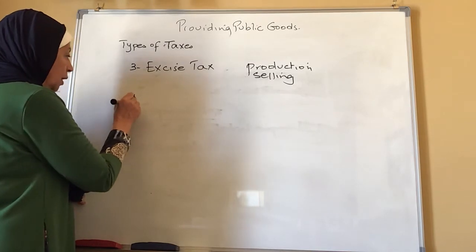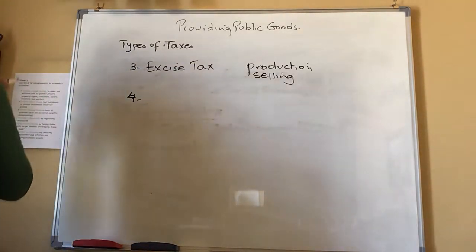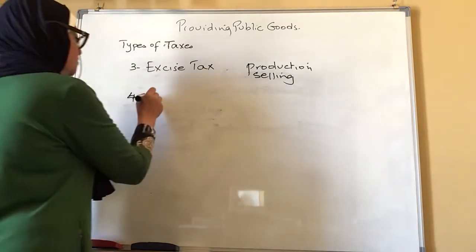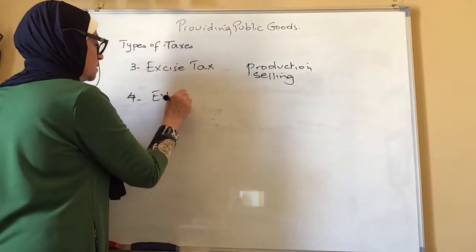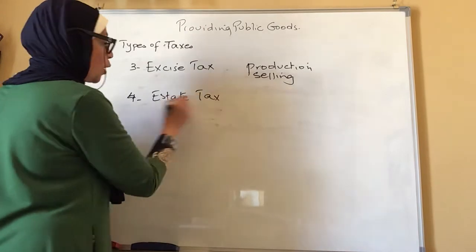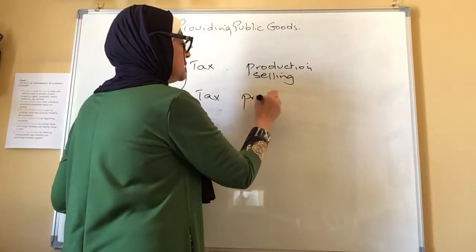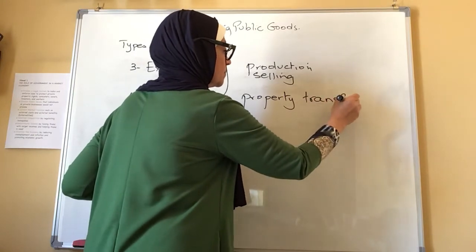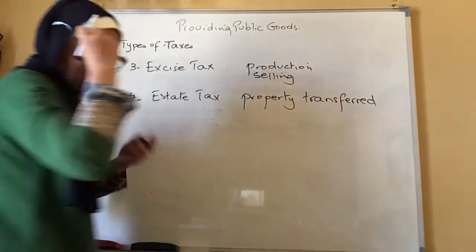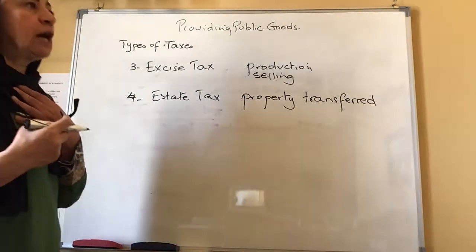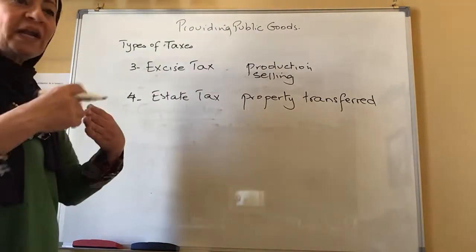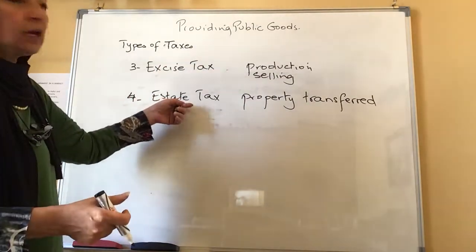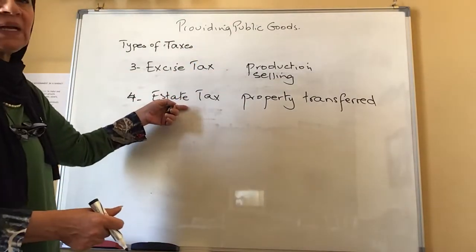Number 4 is the estate tax. Real estate, property, but property transferred. So if I own a house and I sell it, when I go and register the selling of this house, we pay an estate tax.